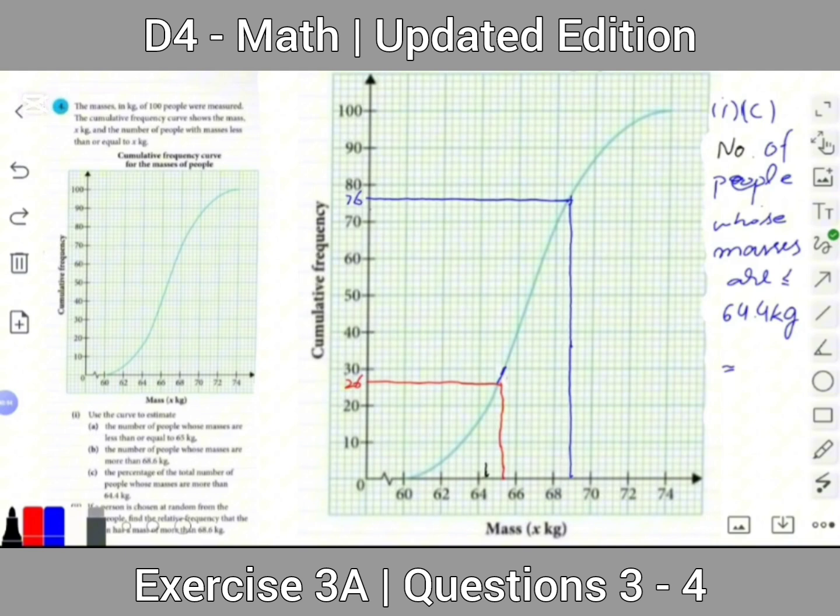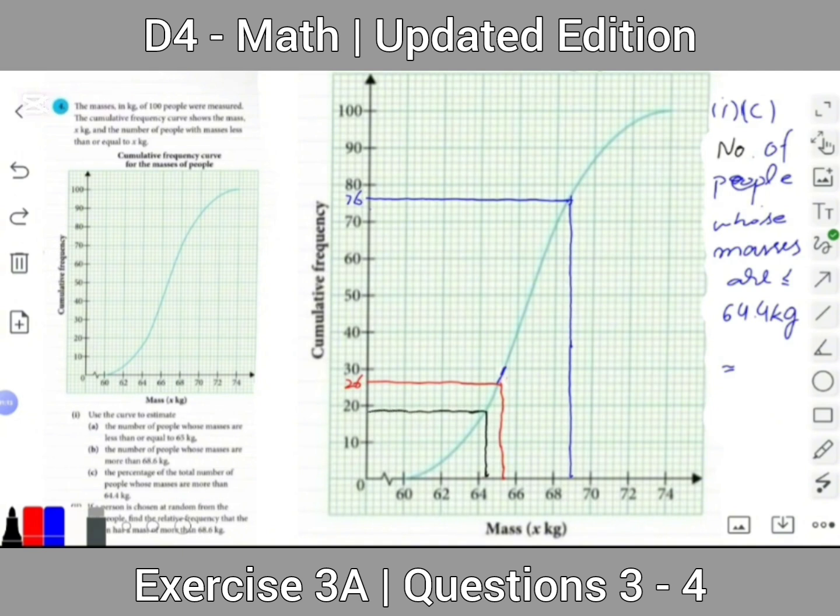So we will draw a vertical line from the horizontal axis until it cuts the curve. Now from the point of intersection on the curve, we will draw a horizontal line until it cuts the vertical axis.